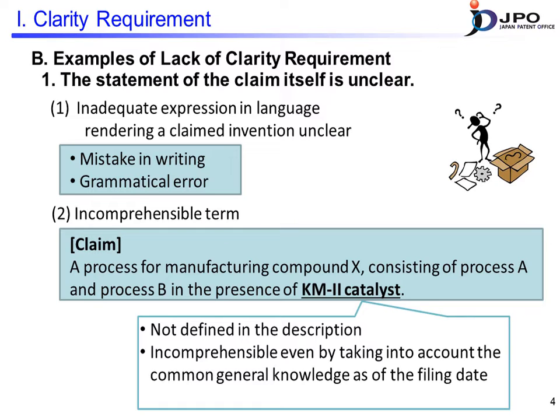Moreover, a person skilled in the art cannot understand the meaning of the term Km2 catalyst, even in consideration of the common general knowledge as of the filing date. In this case, because the meaning of the term Km2 catalyst is unclear, the claim is also unclear.